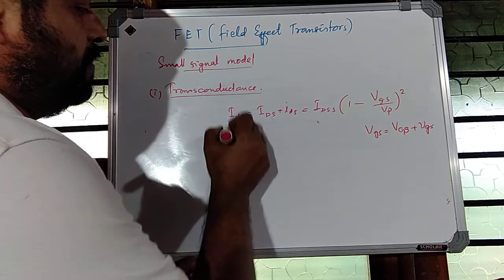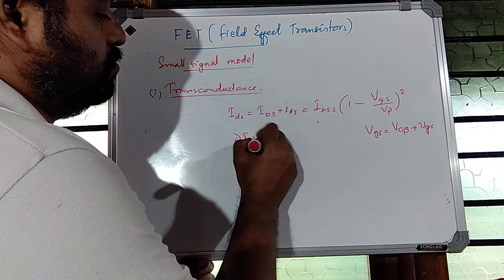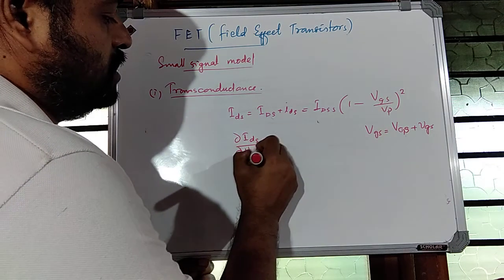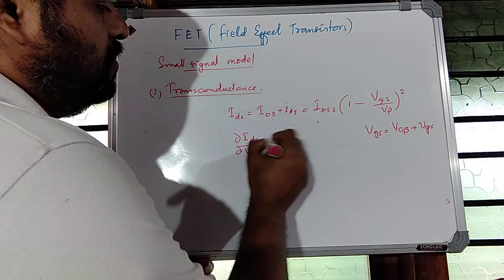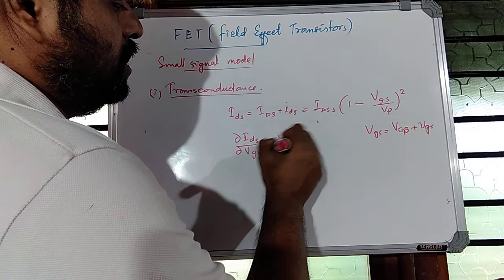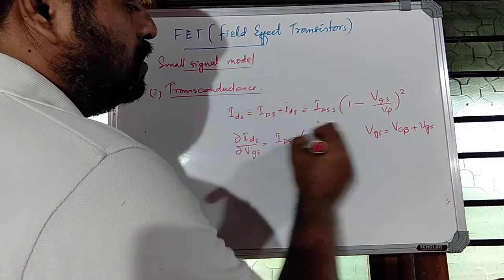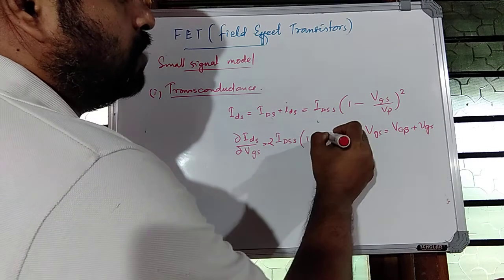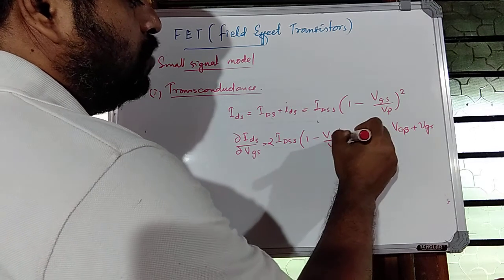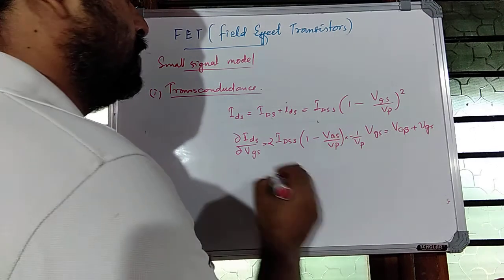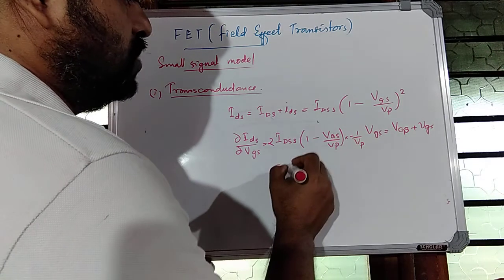If you find the variation in output current, change in IDS by change in VGS, we'll get this equation: 2 into IDSS into 1 minus VGS by Vp into minus 1 by Vp. Okay, this is the derivative.